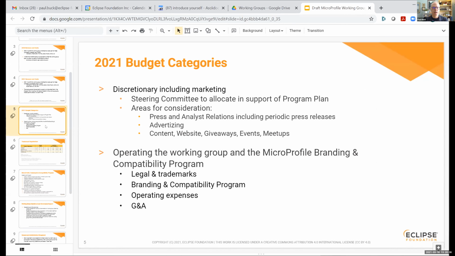There's a discretionary category, including marketing, and that's an area for the steering committee to allocate funds to in support of the program plan. So basically, the items identified in your program plan we expect would fill out that category. There's also budget allocation for marketing, branding, compatibility, and operating expenses and G&A for the working group, and we'll get into those areas in a little bit more detail as well.